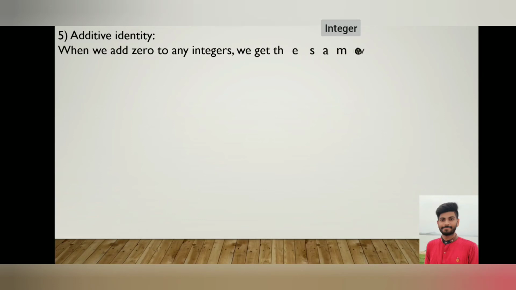Now, the next property, additive identity. What is the additive identity? When we add 0 to any integer, we get the same integer, which means 0 is an additive identity for integers.